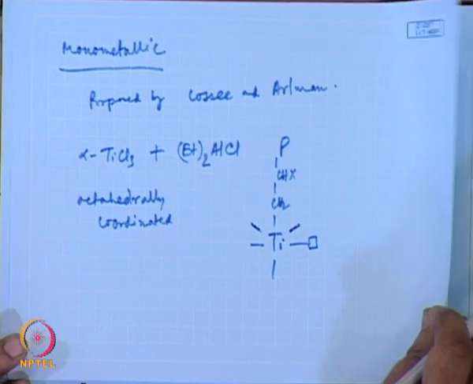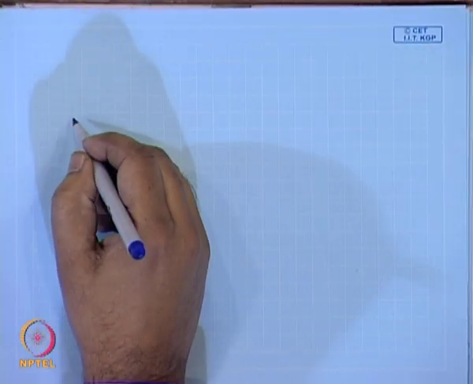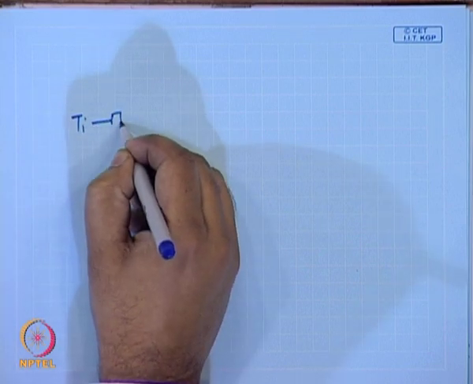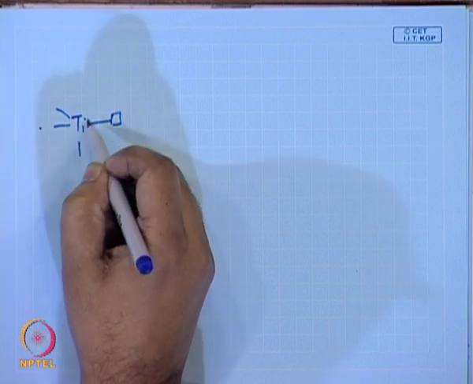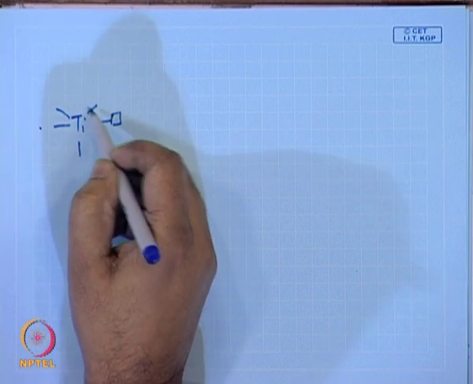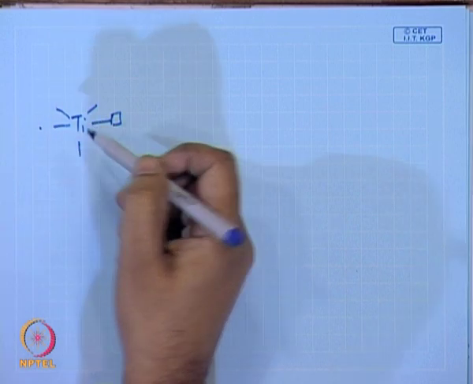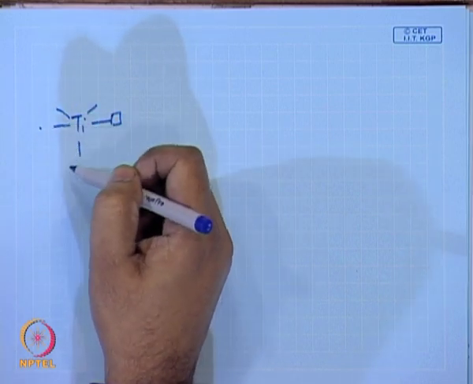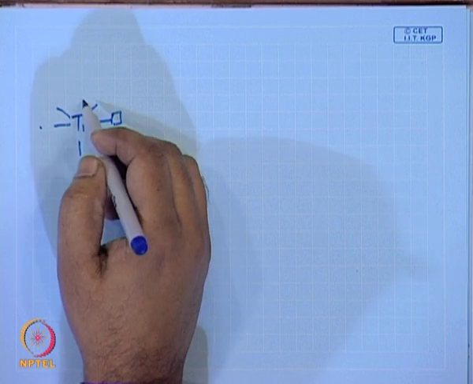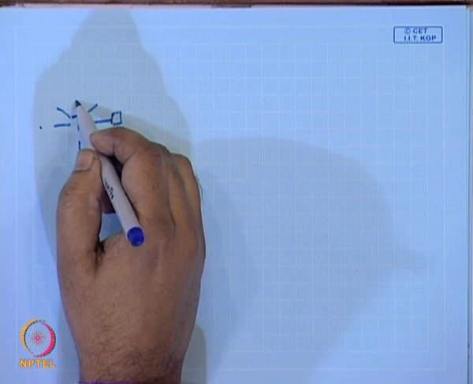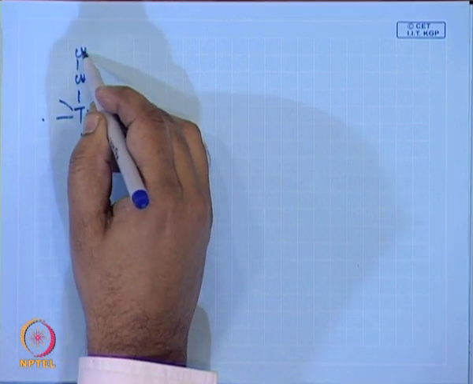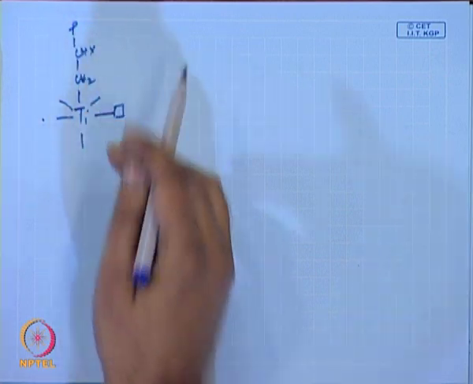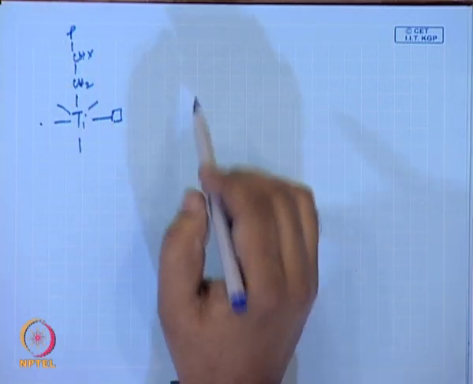Let me draw the mechanism on a separate page. So, now we have this vacant orbital, and these are all chlorine, 4 chlorine atoms which are firmly embedded in the crystal of titanium chloride, and here we are writing the polymer residue, P, as a polymer residue.